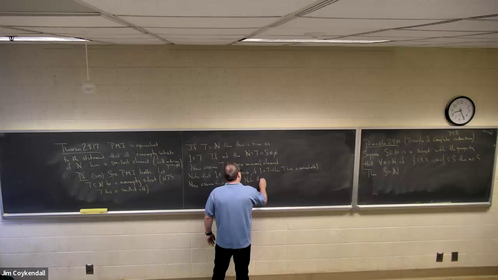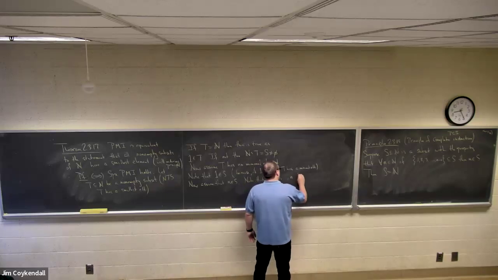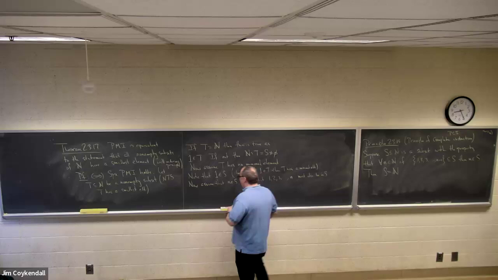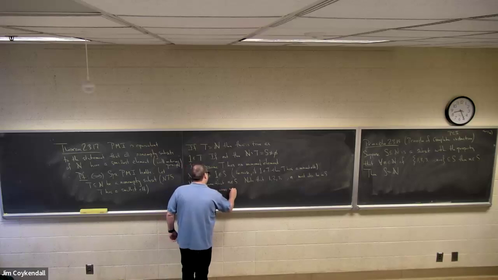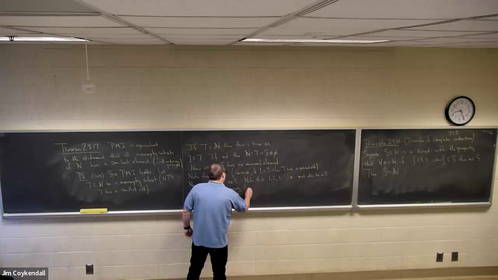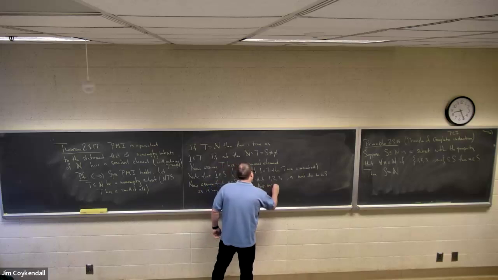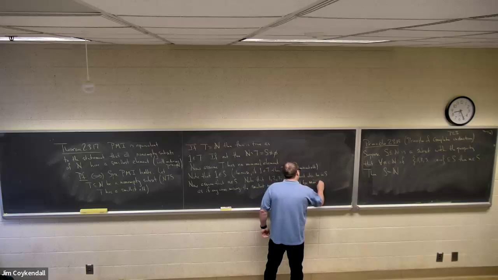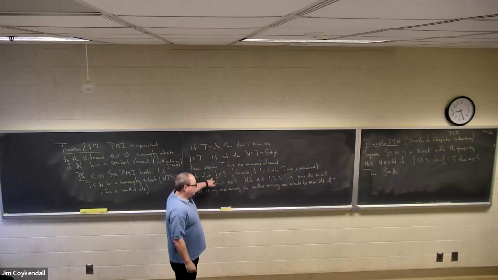Note that 1, 2, 3, all the way up to n must also be in S, as if any were missing, the smallest missing element would be a minimal element of T. One must be in S, because if it's not in S, it's in T, and it'd be the smallest element.